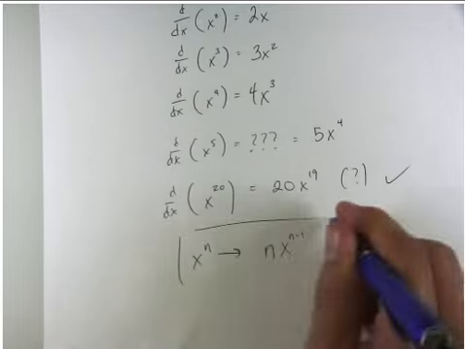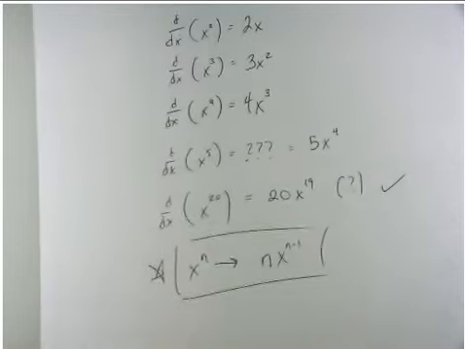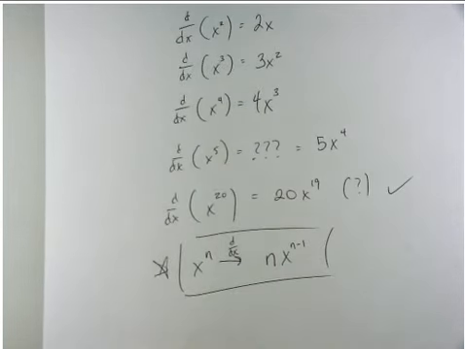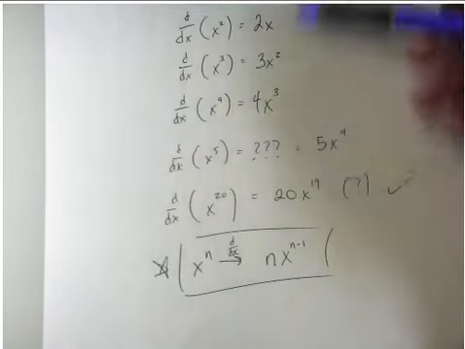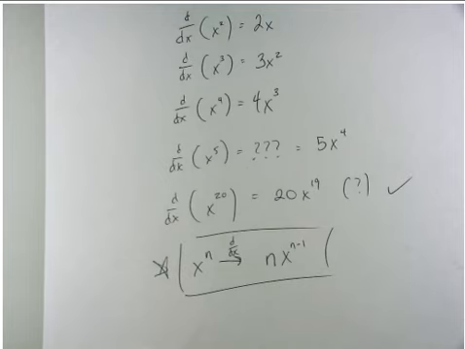So here it is in a box. Here's how I take the derivative. Let me put a d/dx on that arrow so that I know that we're taking the derivative. Right? X to the n, you take its derivative, you get n x to the n minus 1. And it seems to follow this pattern for integer powers, or at least positive integer powers.